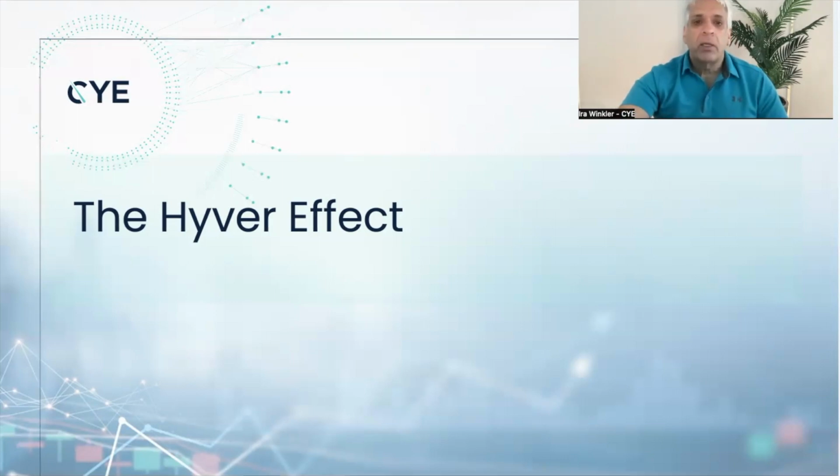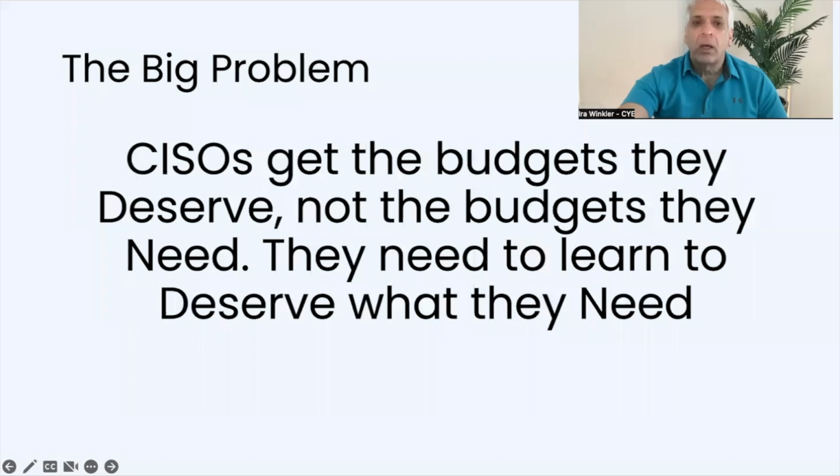So anyway, as we go through, what's the big problem that I see? And I've said this before, and I will say it to my dying breath. The biggest problem I see in cybersecurity is that CISOs get the budgets that they deserve, not the budgets that they need. And CISOs need to learn to deserve what they need.